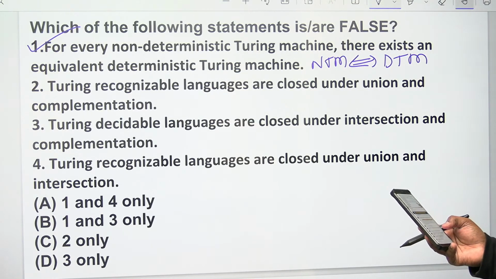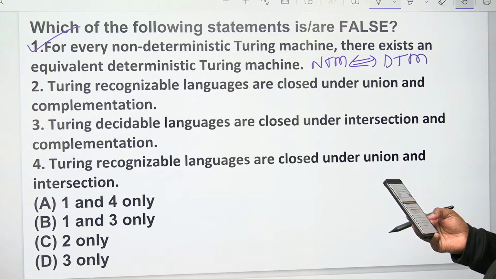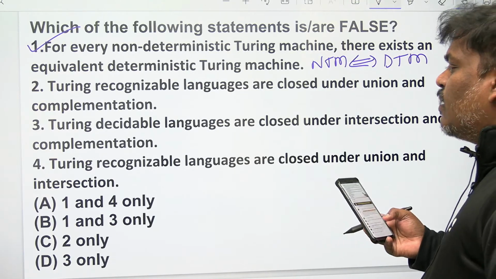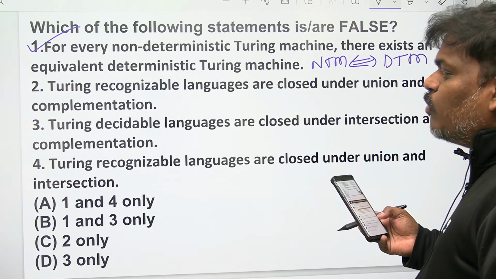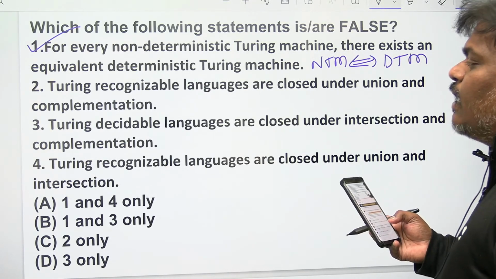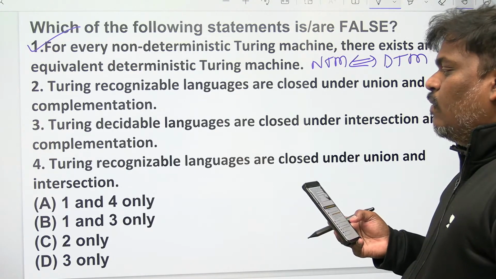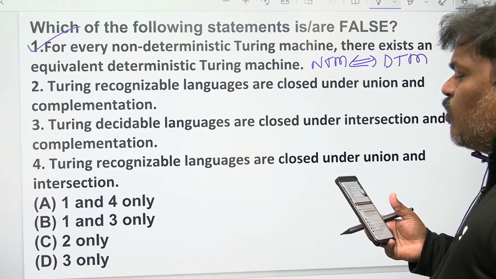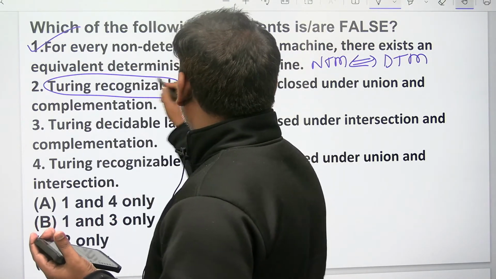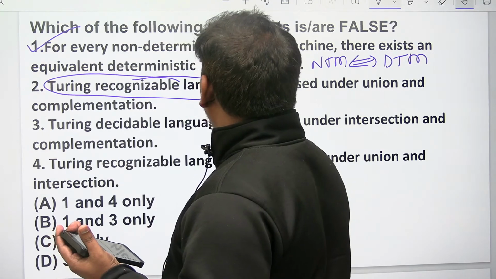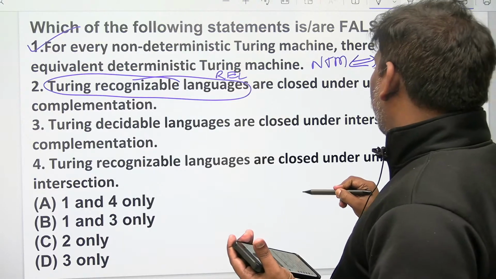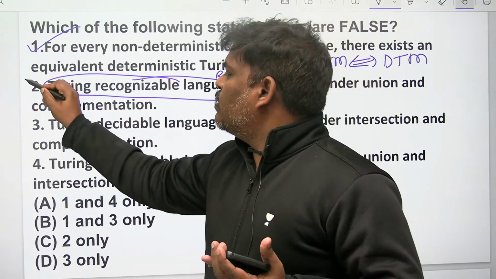Turing recognizable means REL. So RELs are closed under union and complementation? RELs are not closed under complementation. It is wrong.